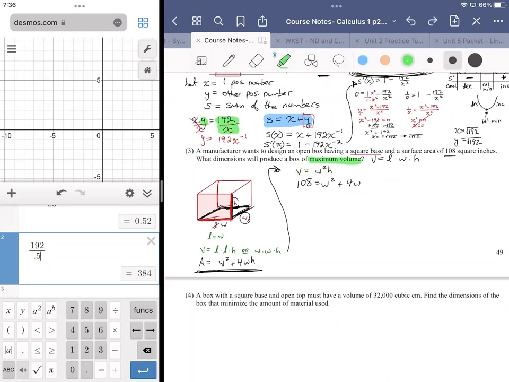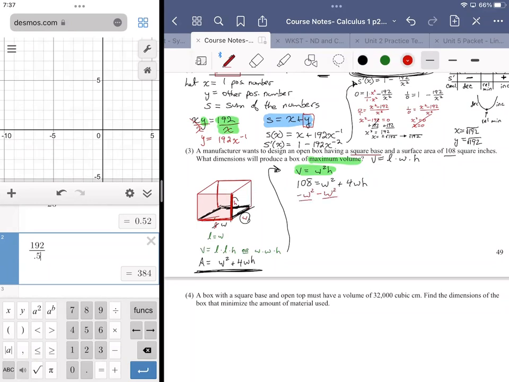It's just a question of which one. And that is, in my mind, determined based off of the nature of the other equation, the area equation, right? You look at it and say, well, which one of these variables is it going to be easier to solve for? I only see one H. It's going to be easier to solve for H here.